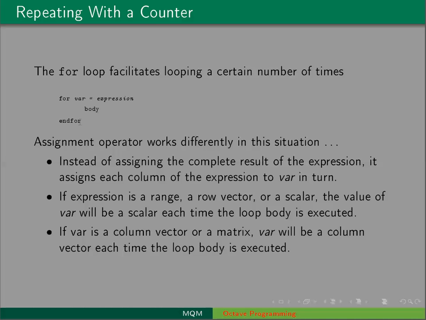Now this assignment operator works a little differently than if we were just assigning a value to a variable. Generally this expression is a vector, and instead of assigning that vector to the variable, the for loop will assign one element at a time, or one column at a time of that matrix, to the variable here.